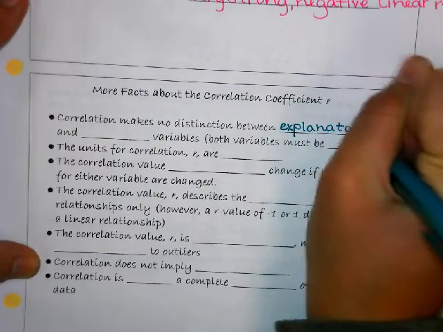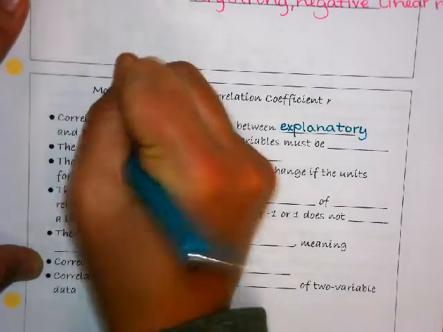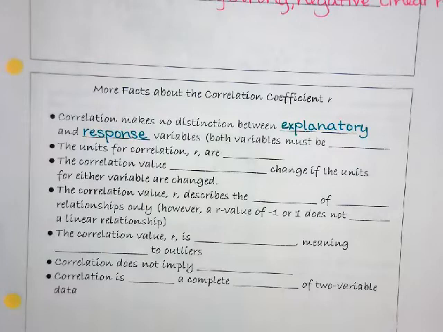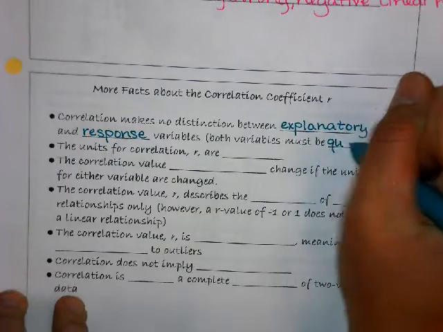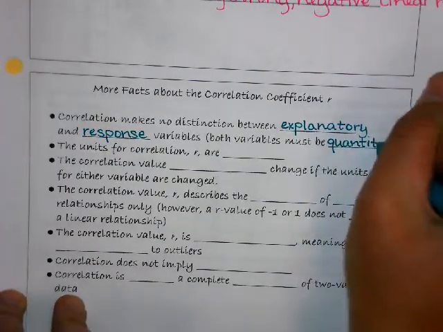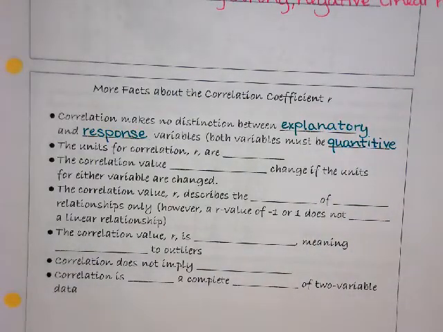Biggest thing is both variables must be quantitative. And that is where they'll throw a trick question at you. They'll say, oh, the correlation between percent of teenagers who have their driver's license and gender is 0.7.